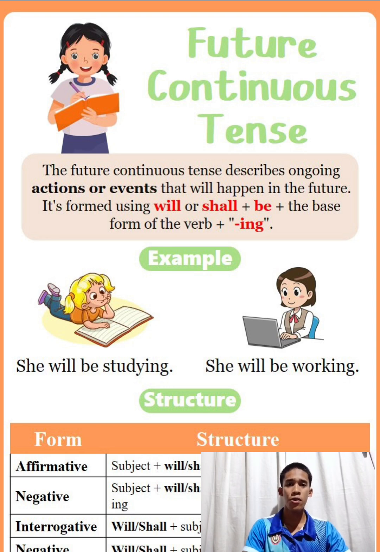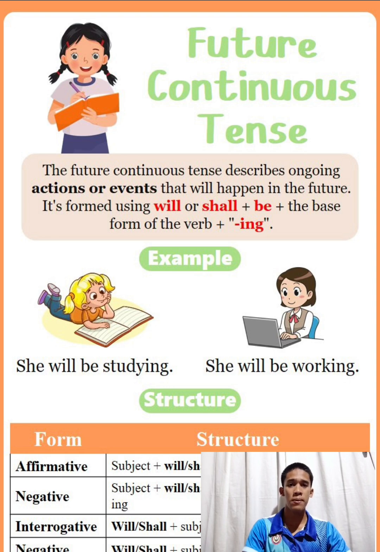So the future continuous tense, also known as the future progressive, describes an action that will be in progress at a specific time in the future. It is formed using will be plus the present participle.